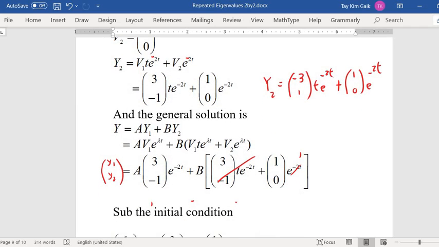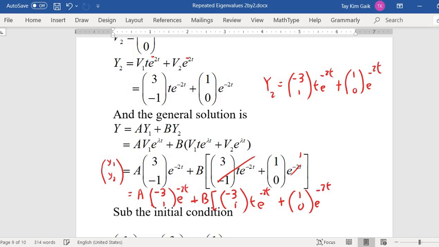My v1, I got another variation, which is negative 3, 1, exponent negative 2t, and then plus b, plus my v1, this is negative 3, this is 1, so t exponent negative 2t, plus 1, 0, exponent negative 2t.